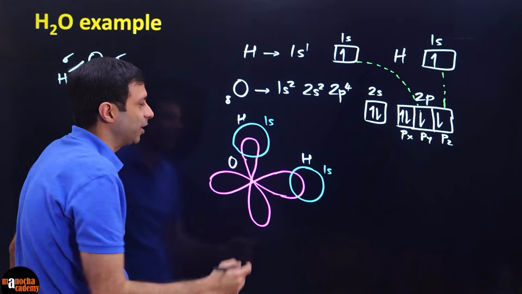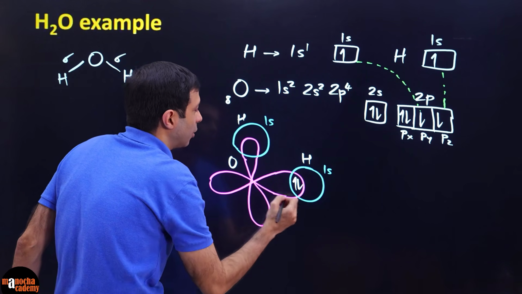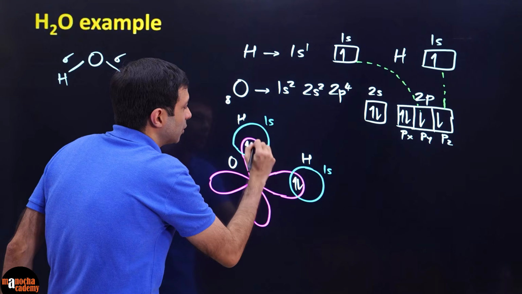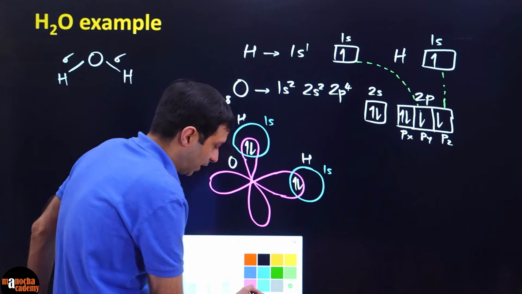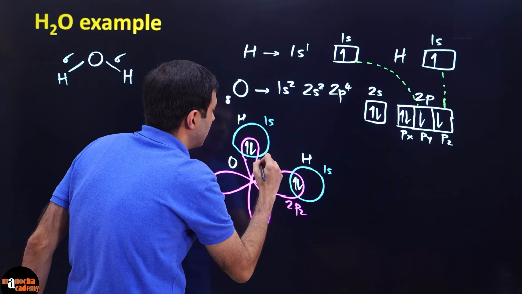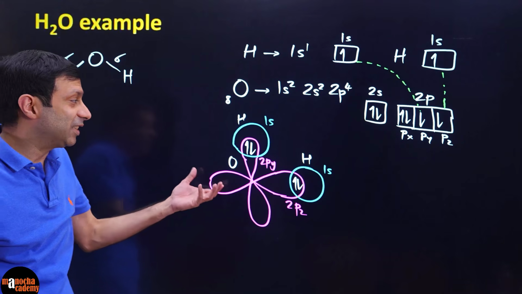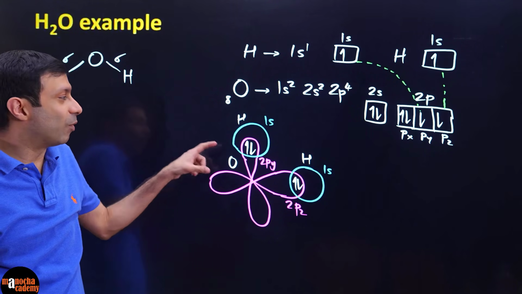That will be more convenient to draw. So you have your 1s from the hydrogen, this is from the oxygen, this is from the hydrogen, this is from the oxygen. This 1s is sharing with our 2pz over here, and this is our 2py. This is the geometry, or this is how the shape of your water molecule looks.